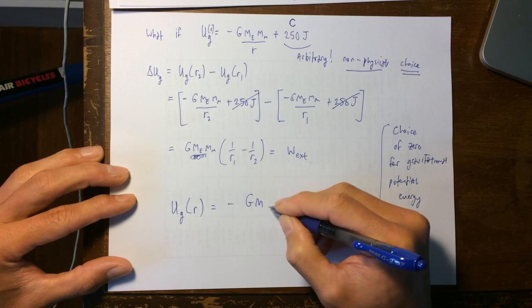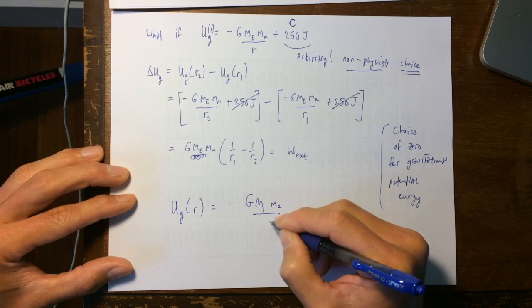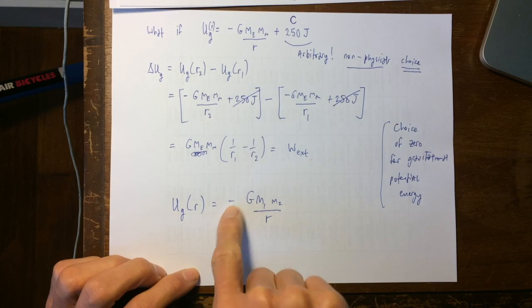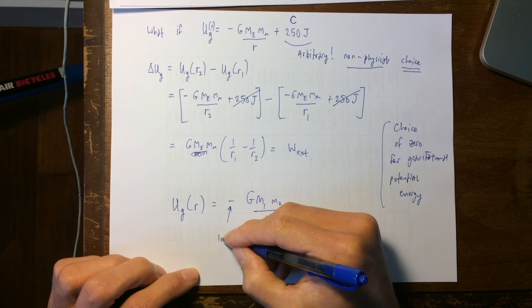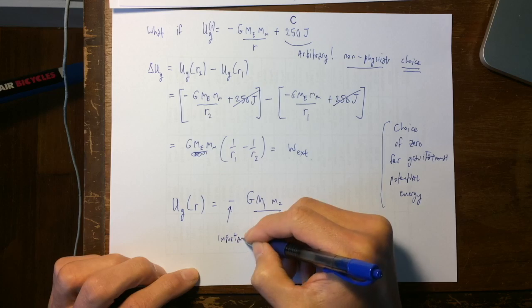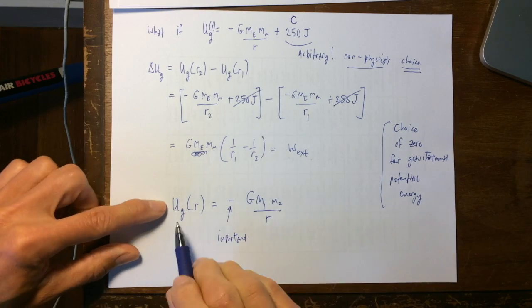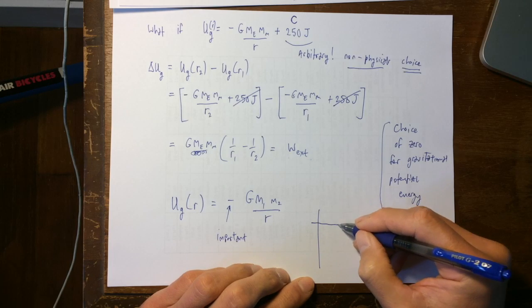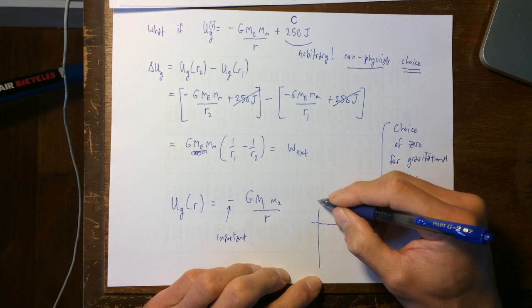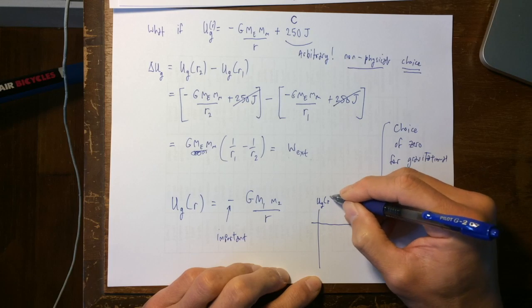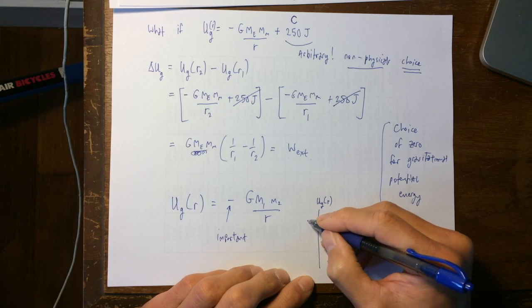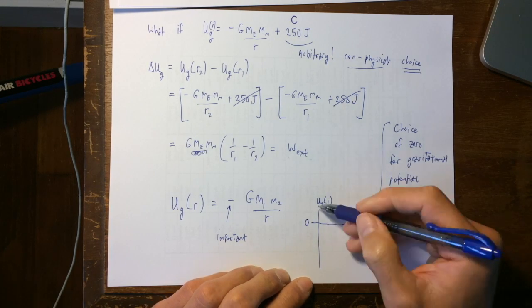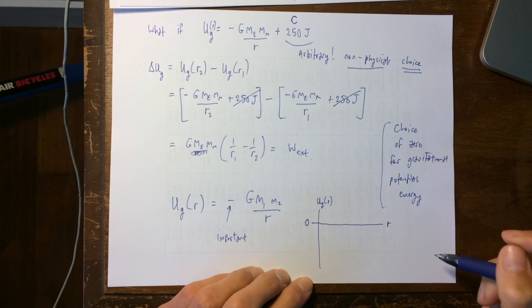The minus sign is very important. In fact, you could imagine drawing the graph. So this is when the potential energy is 0, right? The vertical axis is potential energy.